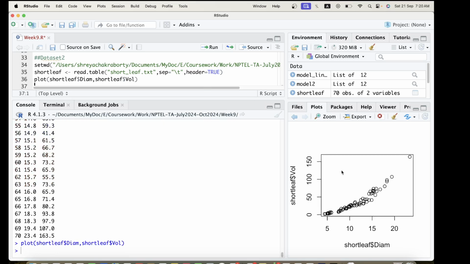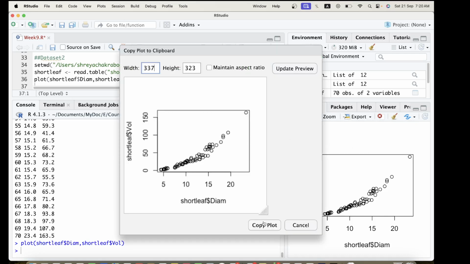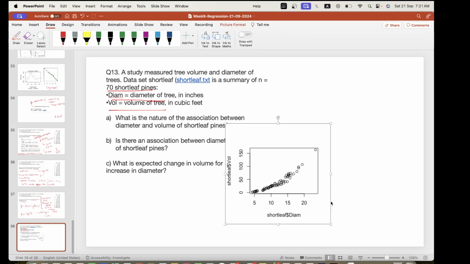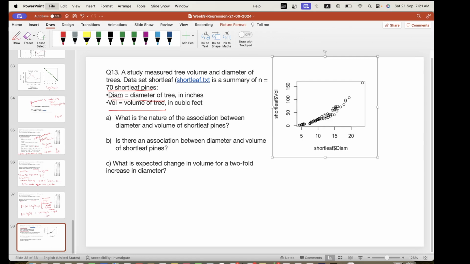Okay, so volume versus diameter, this looks something like this. All right, here again we see non-linearity in the data set. This is the raw data set. Now what is the nature of association?